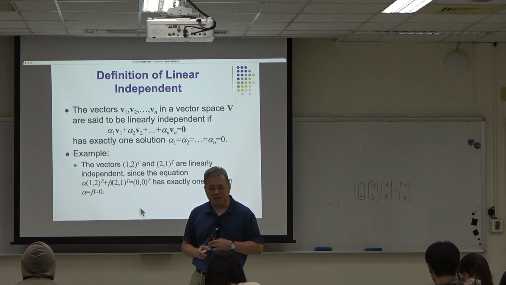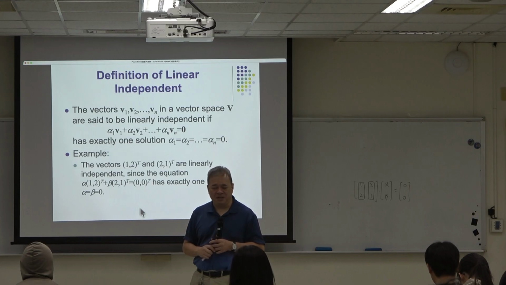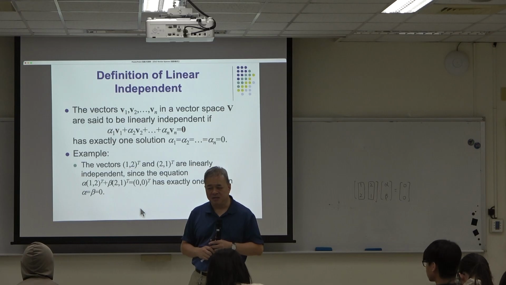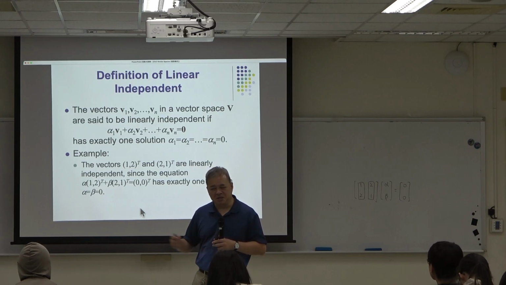When this matrix has an inverse, you have only one solution, the trivial solution where alpha and beta are both 0. Think about that. We will have further discussion here.